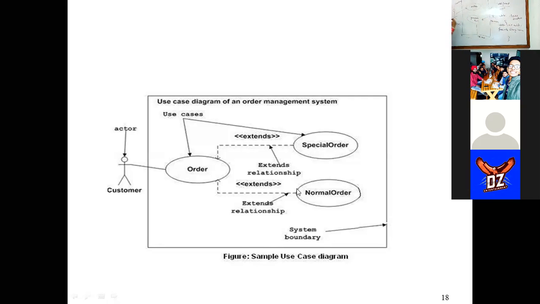So this is a use case diagram in which the actor is giving an order and the manager is generating the bill after getting an order. But if we want to put more detail in our use case, what we can do is extend this use case, and for extending it we use a term called extend relationship.